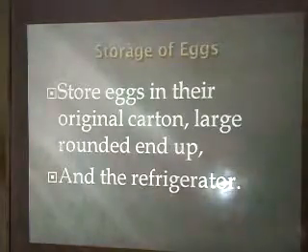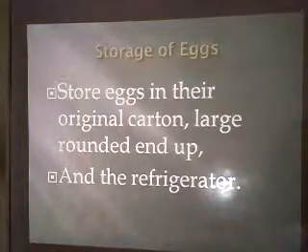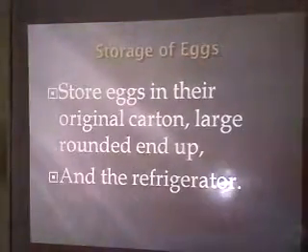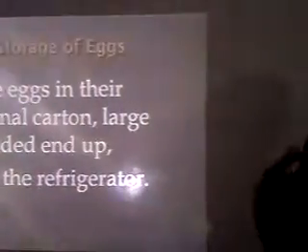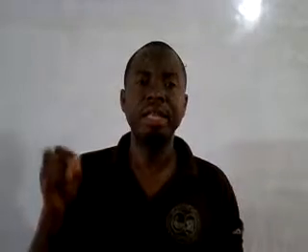Egg should be stored in its original carton in a cool, dry place, and the large round end should be up, because eggs are a reproductive body, meaning they need oxygen to survive. If the large end is capsized, it will not get access to oxygen, and therefore it will deteriorate. So the large round end should be up.